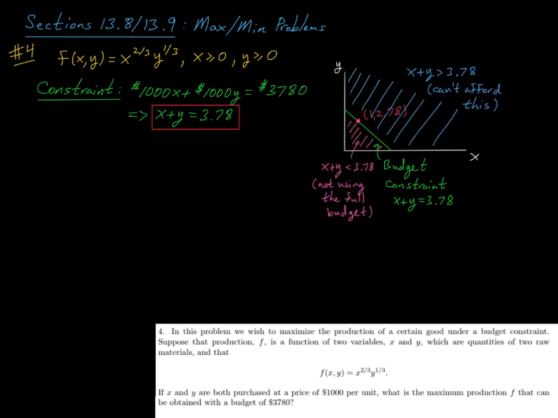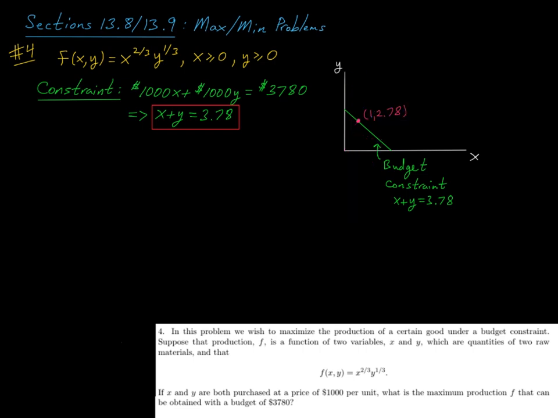Now if I were to choose a point below this line, where x plus y is less than 3.78, then I wouldn't be using up the full budget. And if I were to choose a point above that line in the blue region, where x plus y is greater than 3.78, I'd be exceeding the budget. I couldn't afford that. So whatever combination of x and y I choose to maximize production, the corresponding point (x, y) must lie on this green constraint line.